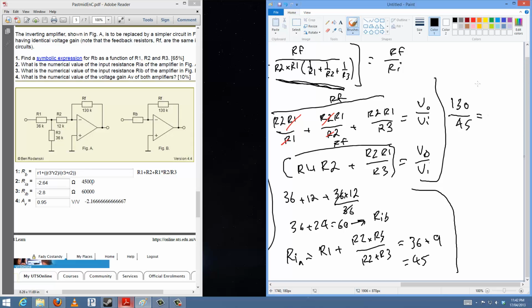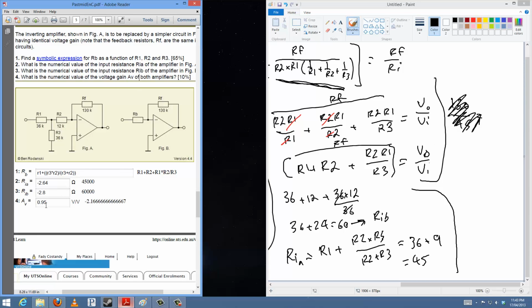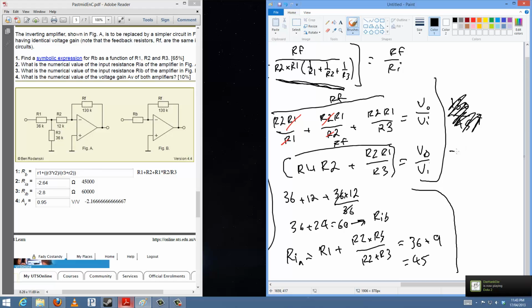It doesn't look like it's going to be that. Negative 130 divided by 45 is no. Okay, so something to note is that your AV will be the one for figure B if this question does come up. So negative 130 on 60 does in fact equal negative 2.1667. Cool, and that seems to be pretty good.